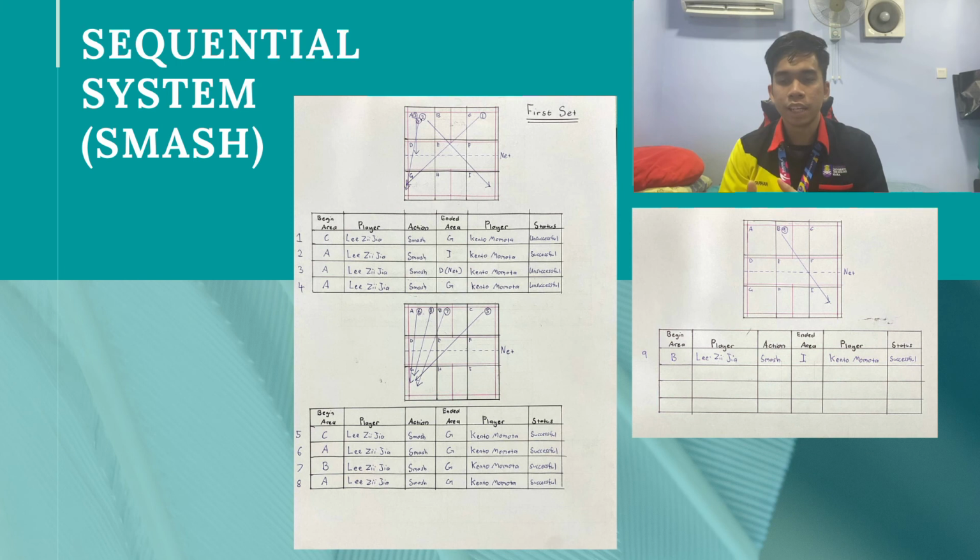So there, Lizijia did a successful smash where a point contributed to him. Again, inside the sequential analysis, there are 15 successful smashes.